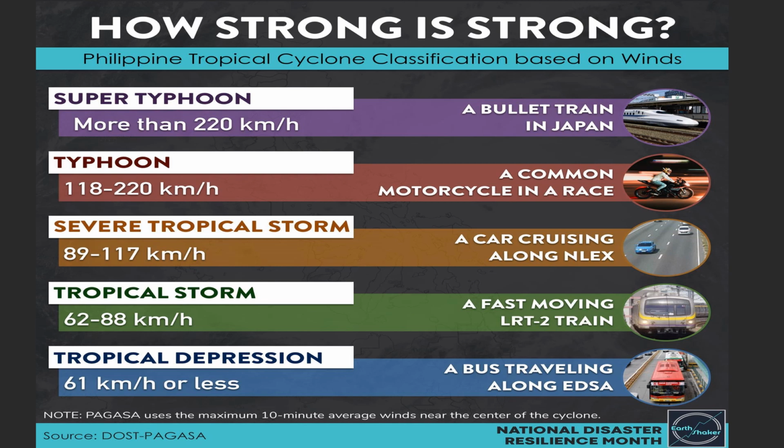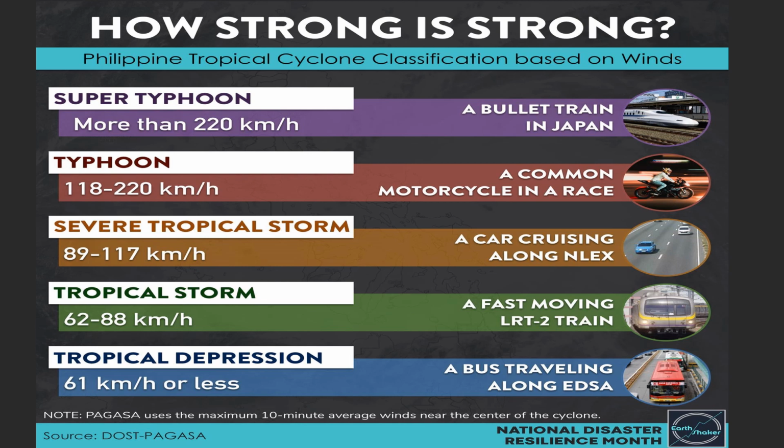So, paano naman kapag naging tropical storm na? So, a tropical storm has a wind speed of 62 to 88 kilometers per hour. So, this speed is comparable to a fast-moving LRT2 train. Okay, so next we have the severe tropical storm. So here, the wind speed is around 89 to 117 kilometers per hour.